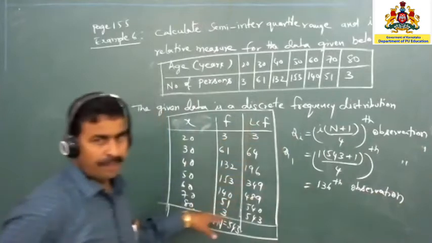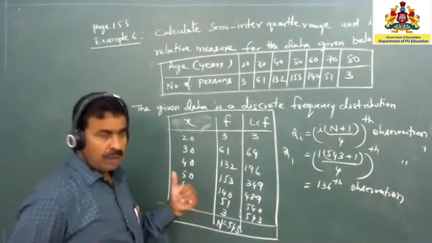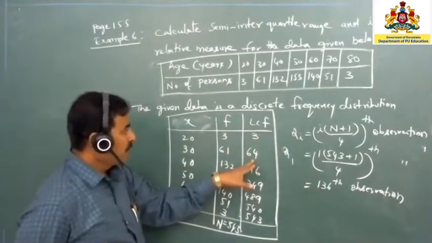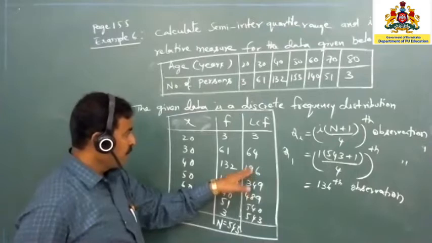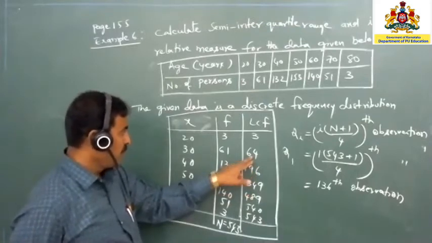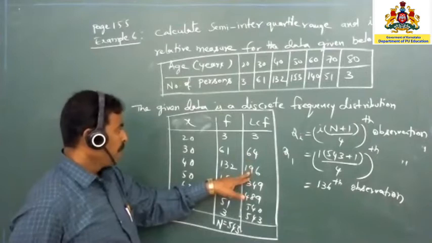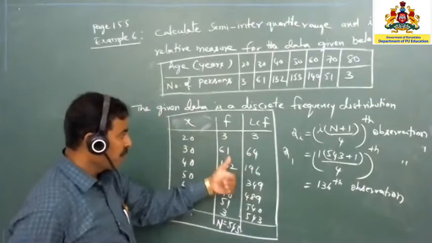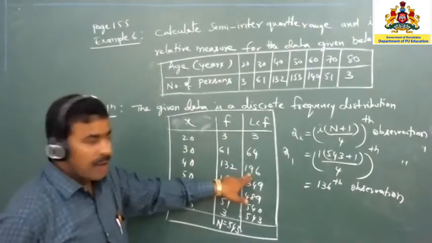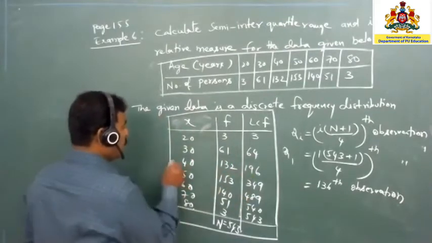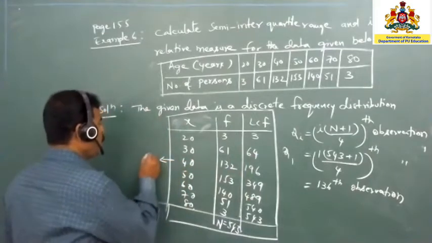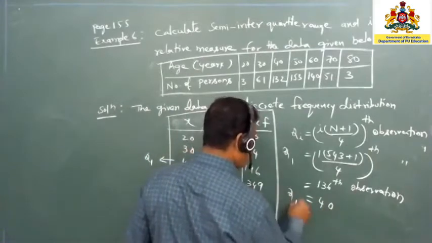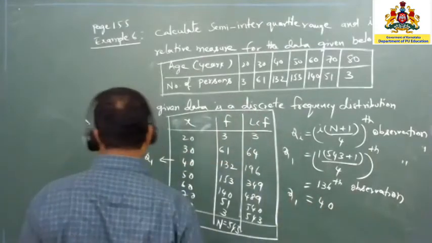See the LCF column to identify the 136th observation. It will not lie in 3 or 64, it lies in 196, which means after the 64th observation, the 65th, 66th, 67th, 68th observations up to 196 observations are equal to 40. So the 136th observation is 40, so Q1 equals 40.